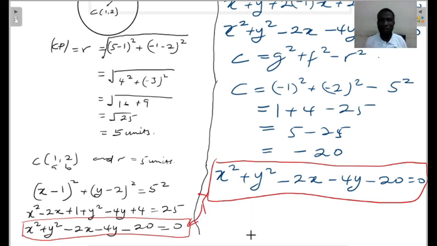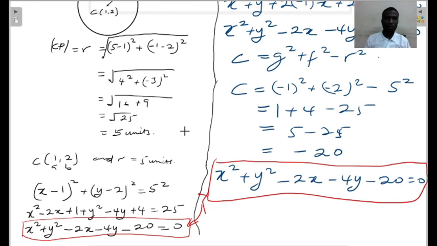Any of them you decide to use to solve, either the general form or the standard form of the equation, at the end of the day you are going to get the same thing. Let me just give you one to try.